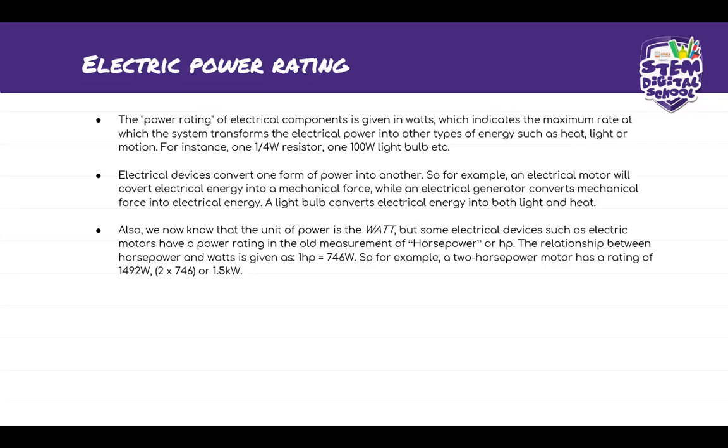So basically, if your heater is written 1500 watts, it means that that's the maximum power that can be transformed by your electrical power. Okay, so that's the maximum amount of heat that can be exerted from that source. I hope that makes sense.